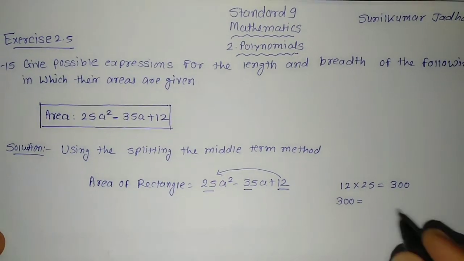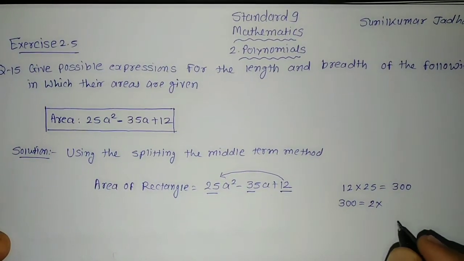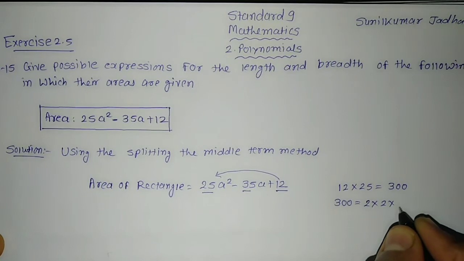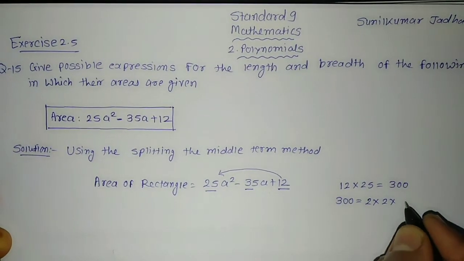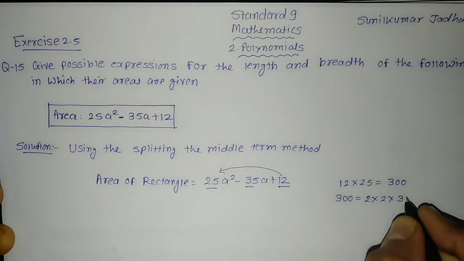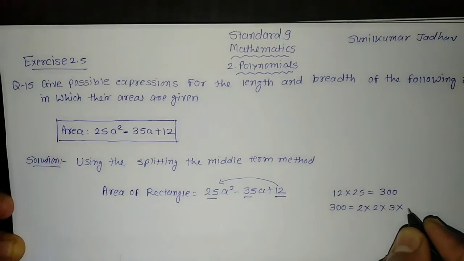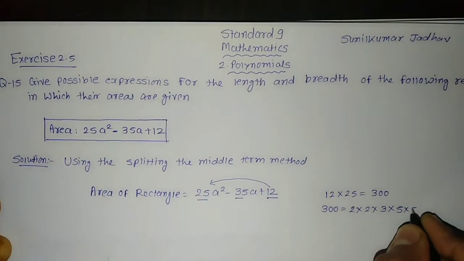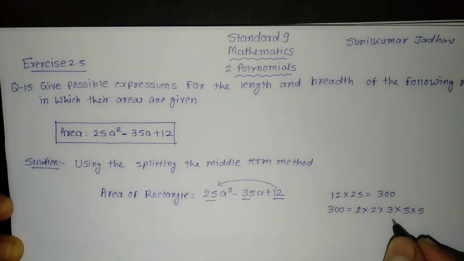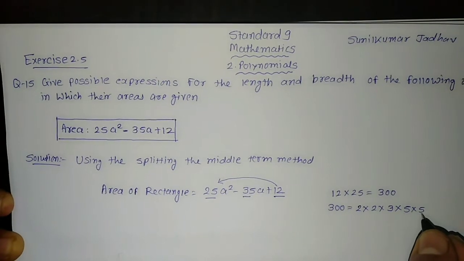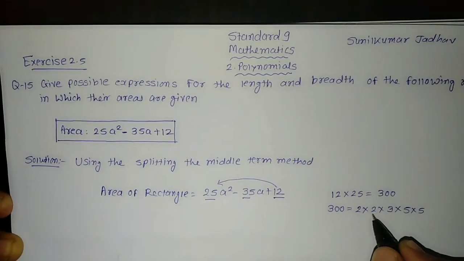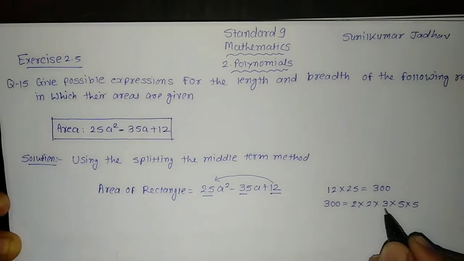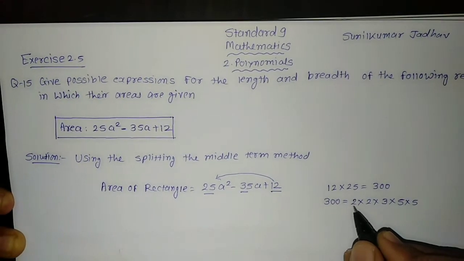Let us see. 300 has the factor 2. 150 2s are 300. 75 2s are 150. 75 has to be factorized: 25 3s are 75, and 5 5s are 25. So it is 2 into 2 into 3 into 5 into 5.